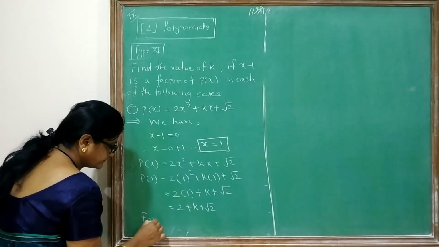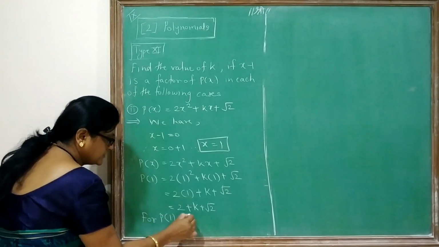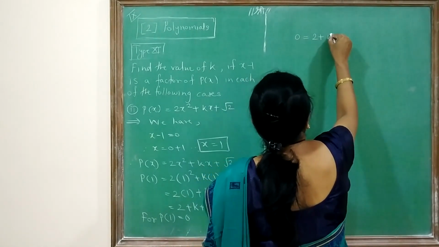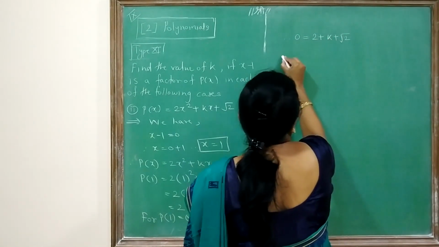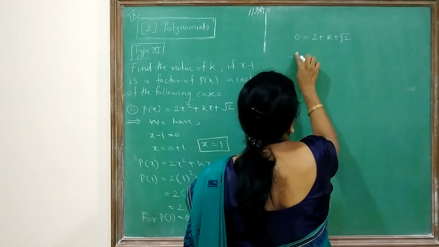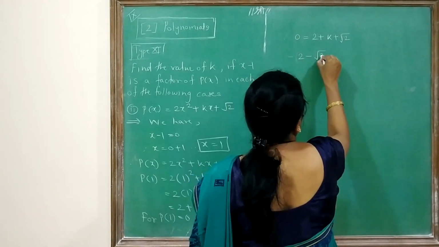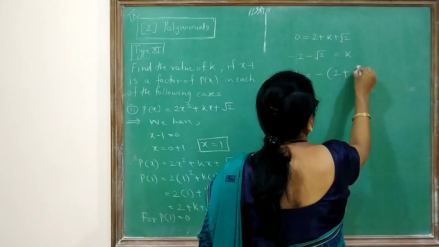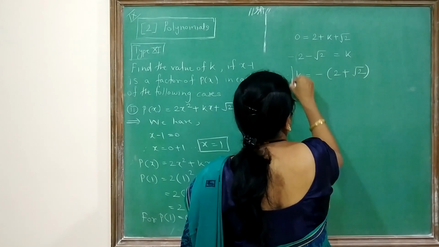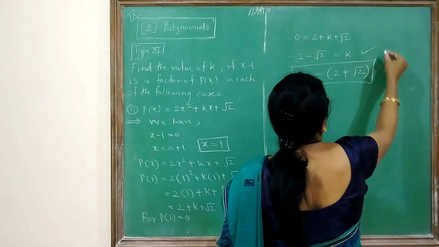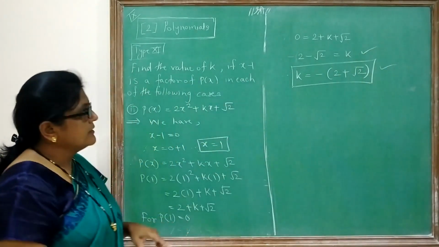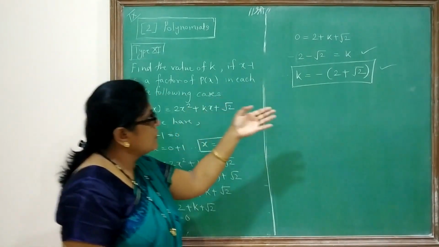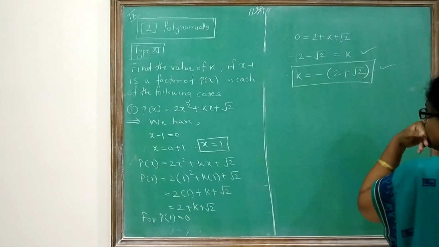For p of 1 equal to 0, then 0 equal to 2 plus k plus root 2, and therefore minus 2 minus root 2 equal to k. Then what is the value of k? K is minus 2 plus root 2. This answer is correct. Also minus 2 minus root 2 is also correct because your minus sign is common.